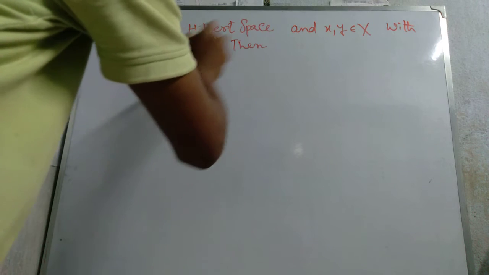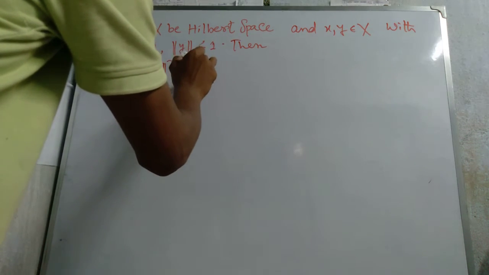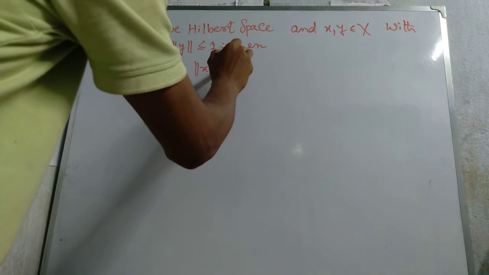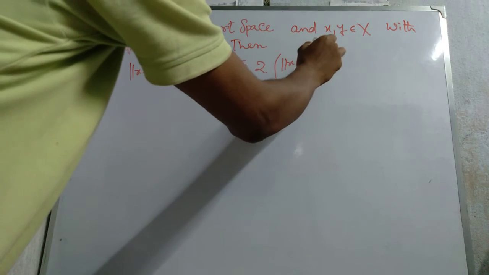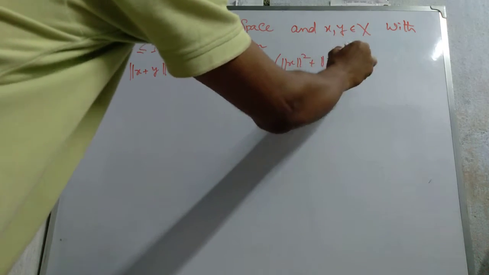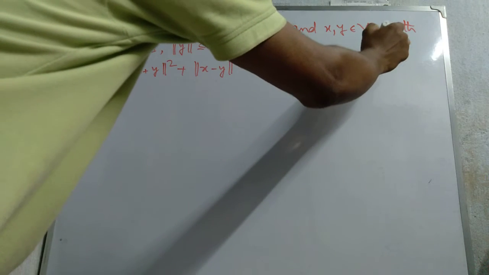Then norm of x plus y whole squared plus norm of x minus y whole squared equals 2 times norm of x squared plus norm of y squared, by the parallelogram law.